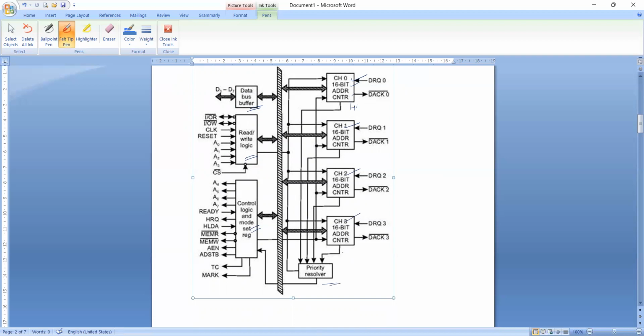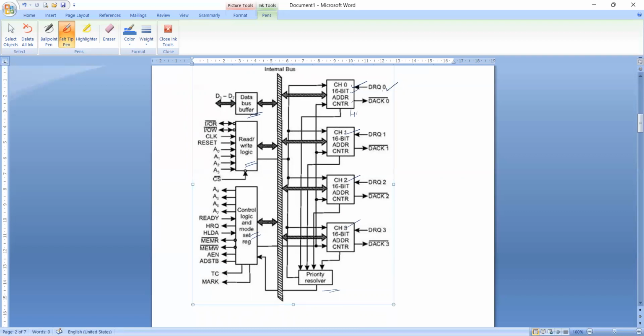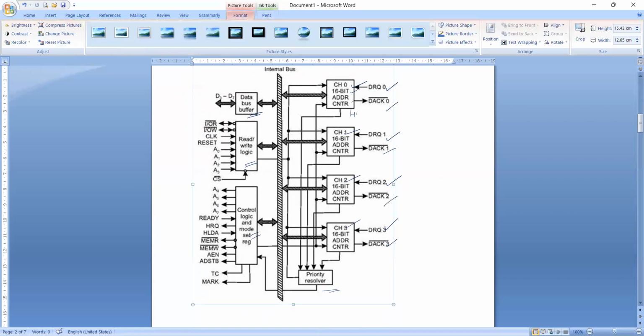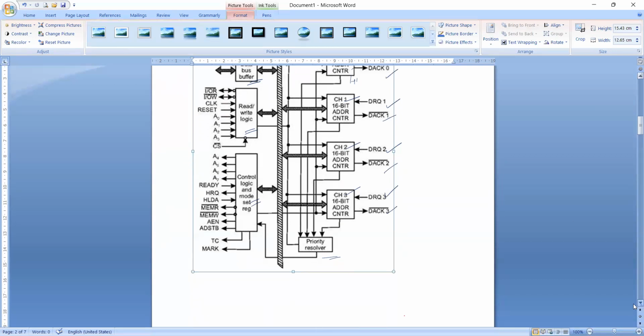So there is a DMA request input for channel 0, channel 1, channel 2, and channel 3, and similarly acknowledgement 0, 1, 2, and 3. There are also data pins D0 to D7. We'll see one by one the functions of these pins individually.